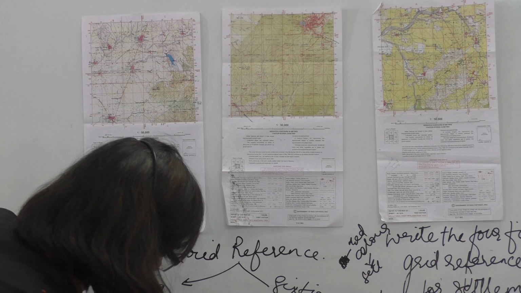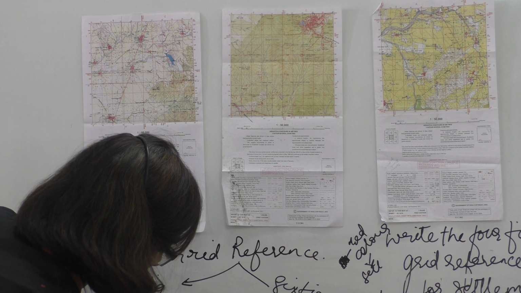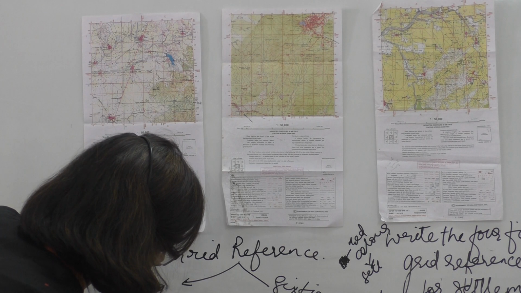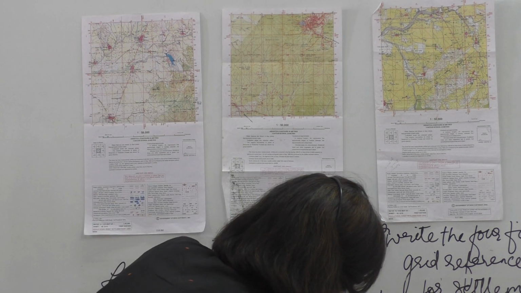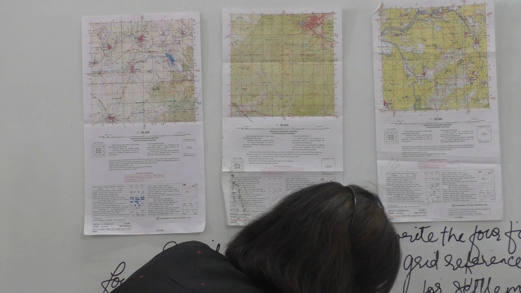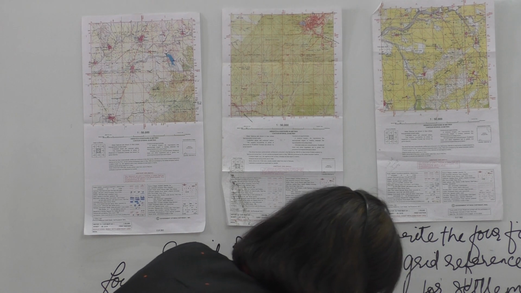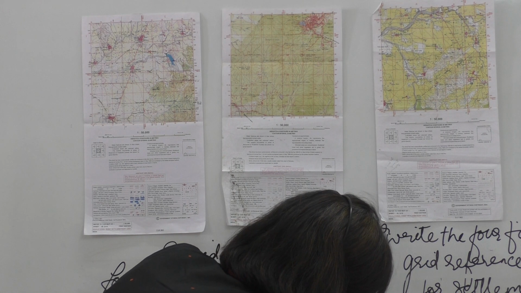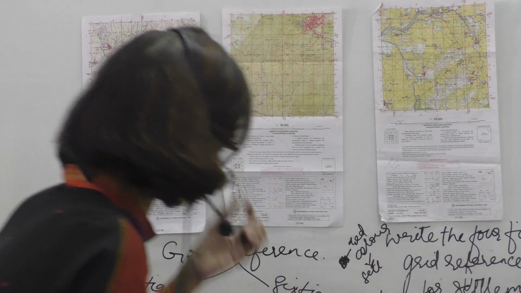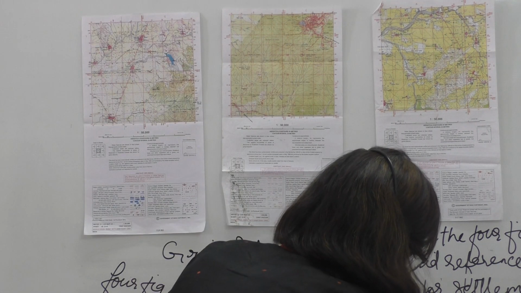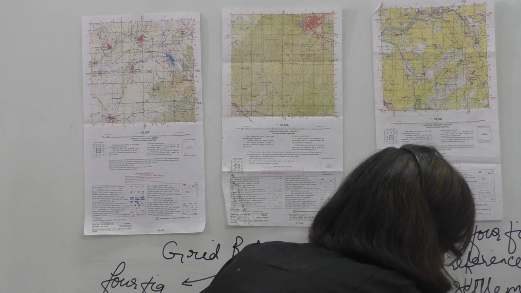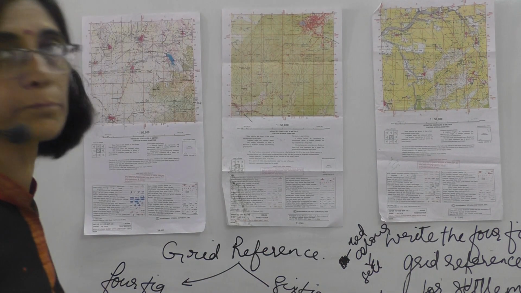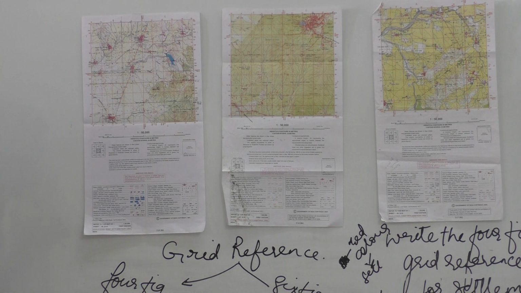So it becomes 1, 2, 3, 4, 5, 6, 7, 8, 9, 10. Nine lines can be drawn at 0.2 interval. Each one is at 0.2 interval, right?